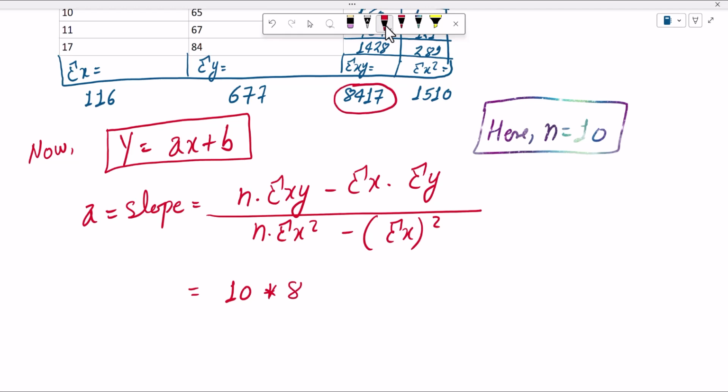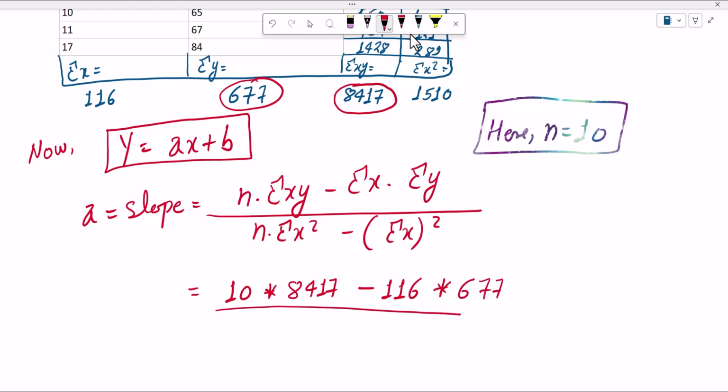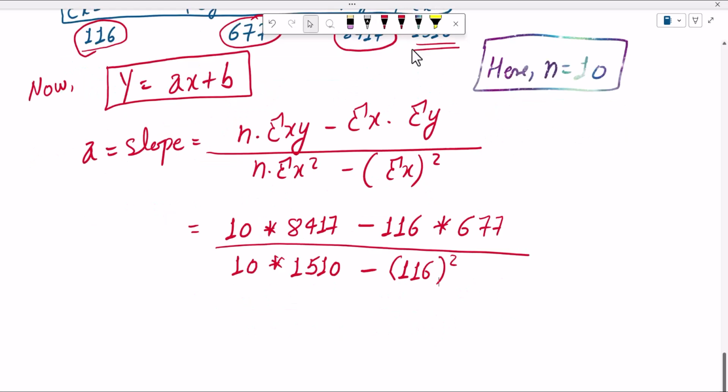Minus summation of x, that is 116, multiplied by summation of y, that is 677, divided by n, 10, multiplied by summation of x square, that is 1510, minus summation of x, that is 116, whole square, right? So now multiply the part.